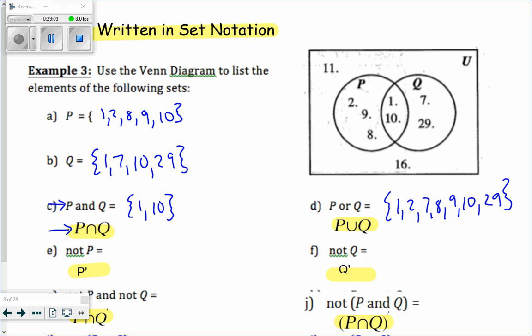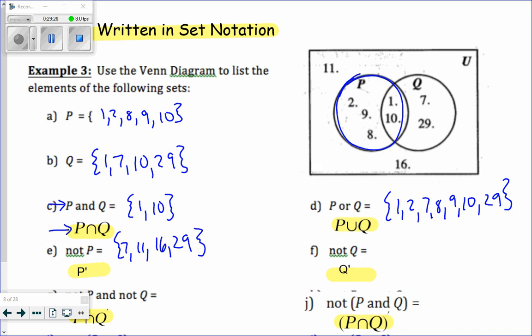Not P. Not P means everything outside circle P. So here's circle P. Everything outside that would be 7, 11, 16, and 29. Nope, any order.